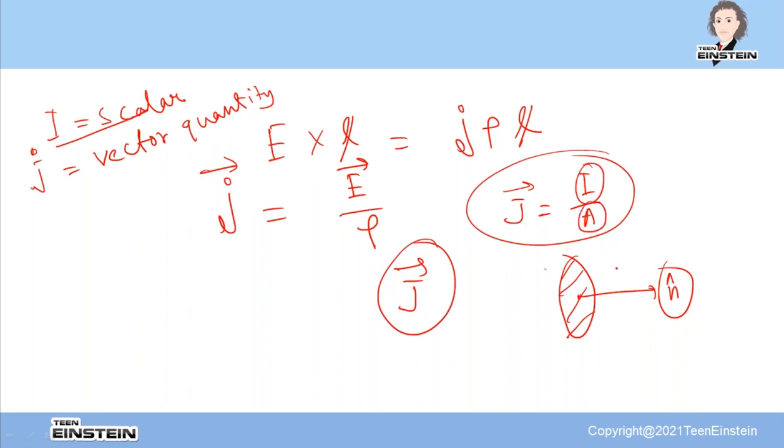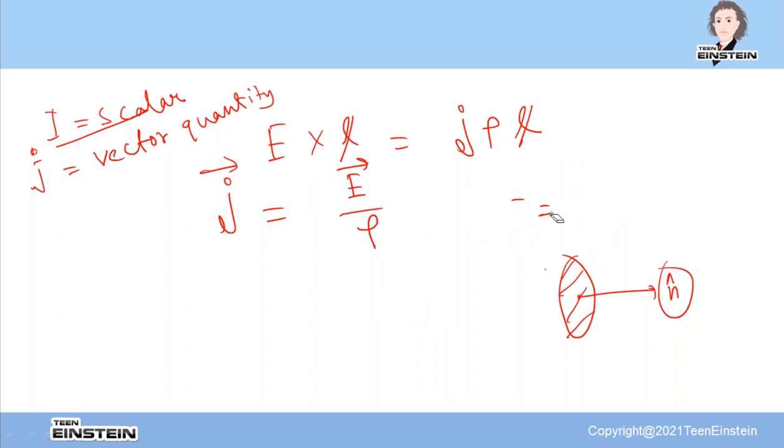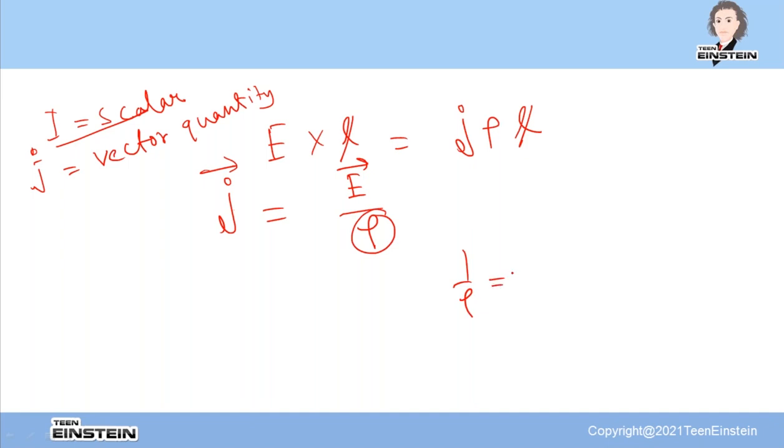So you can see, 1 by rho also, we can define as another single term. That is actually sigma.